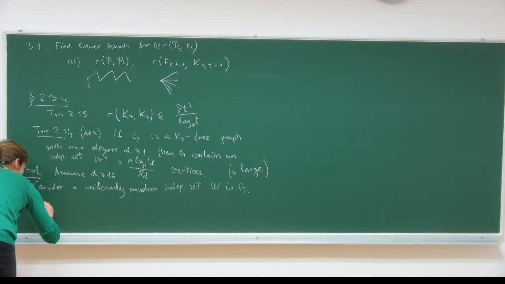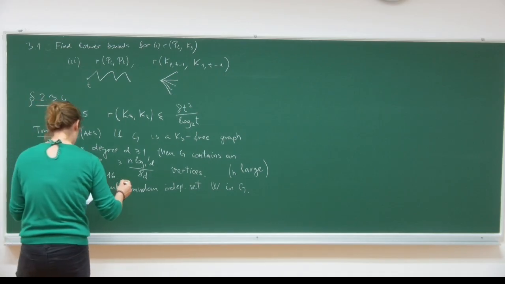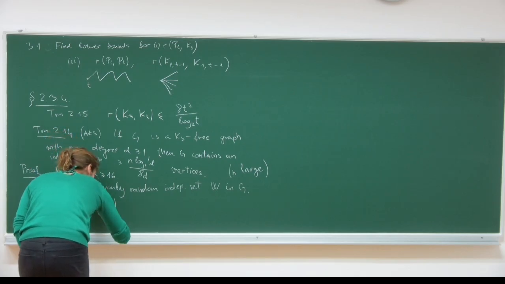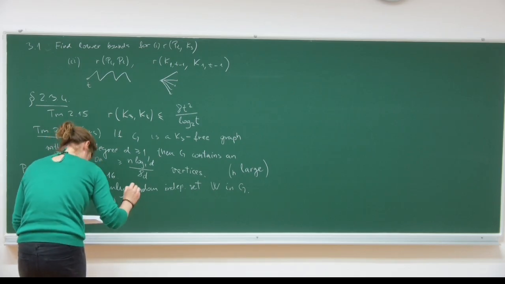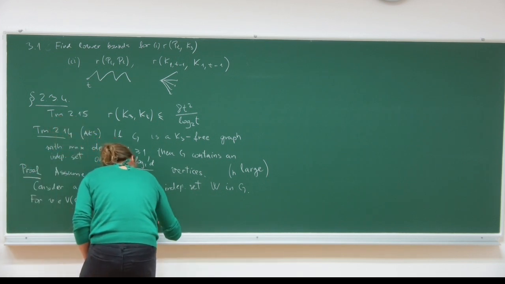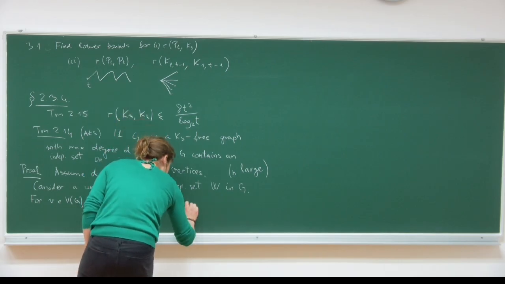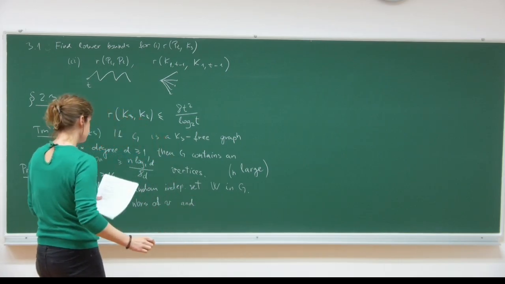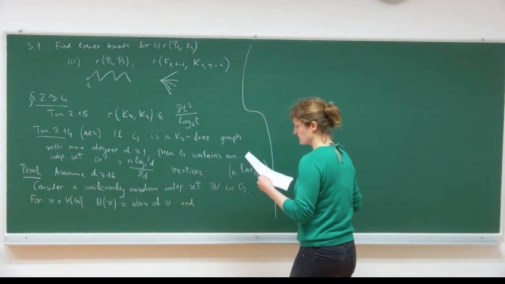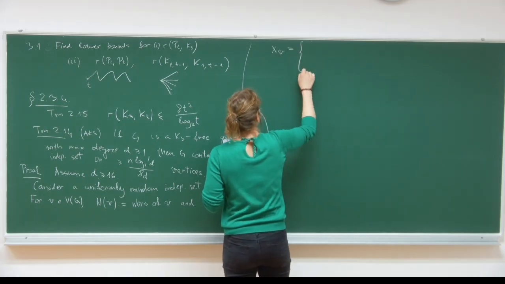So for a vertex V, we define, for its usual notation, N of V is the set of neighbors of V in G, and xv will be roughly the contributions of neighbors of V to this independent set, but not quite.